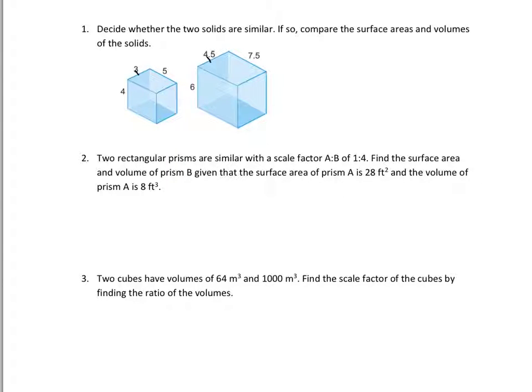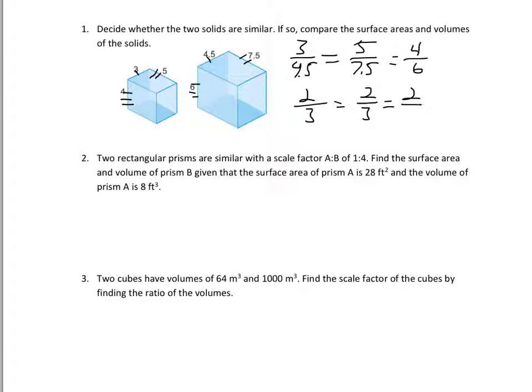So 3 over 4.5 equals 5 over 7.5 equals 4 over 6. All right, so if you reduce all of these, they should all come out the same thing. You reduce this first one, it reduces to 2/3. Second one, 2/3. Third one, 2/3. All work. They are similar.